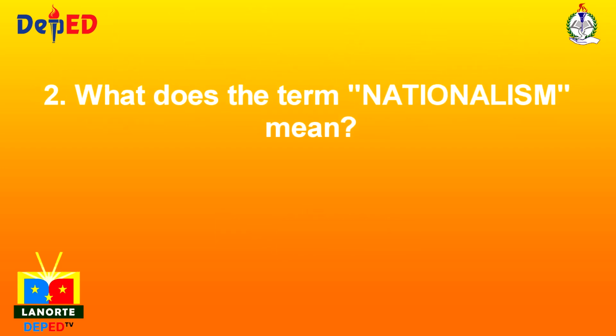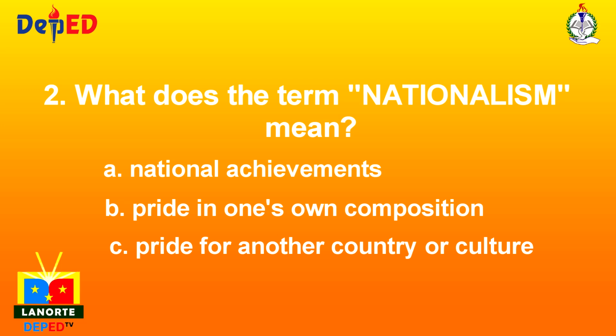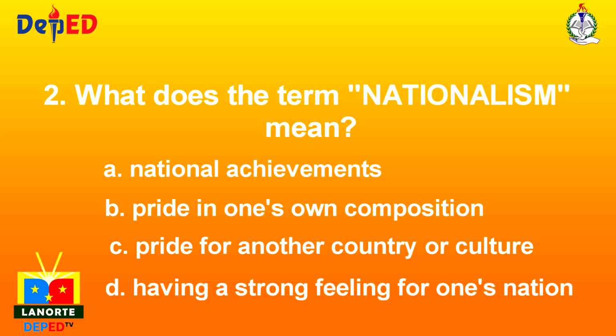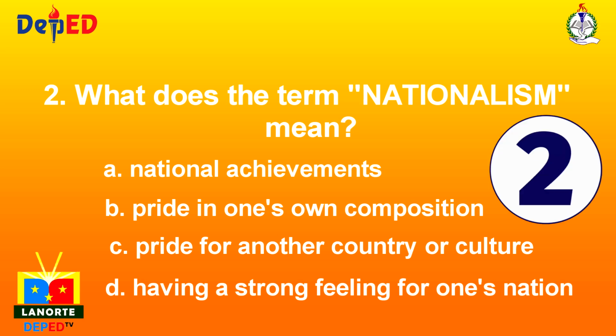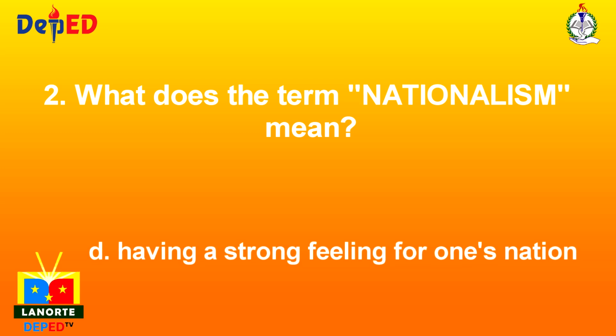What does the term nationalism mean? A. National achievements, B. Pride in one's own composition, C. Pride for another country or culture, D. Having a strong feeling for one's nation. The correct answer is D. Having a strong feeling for one's nation.